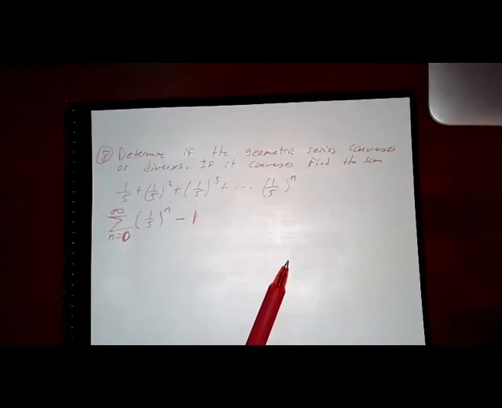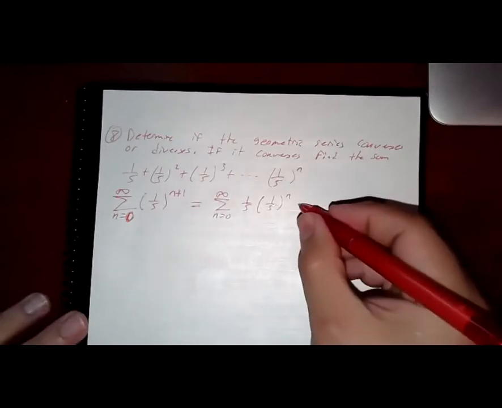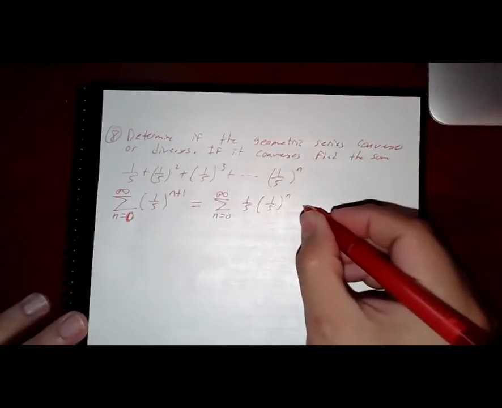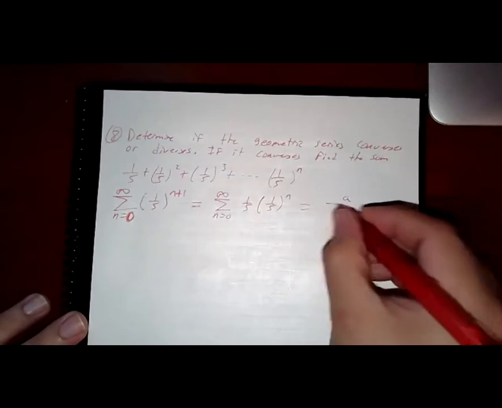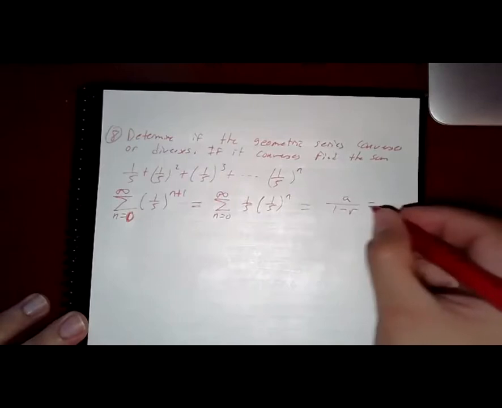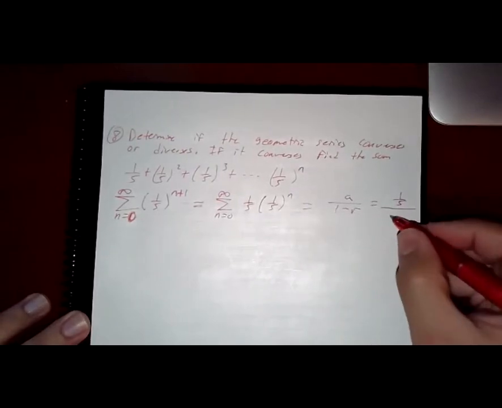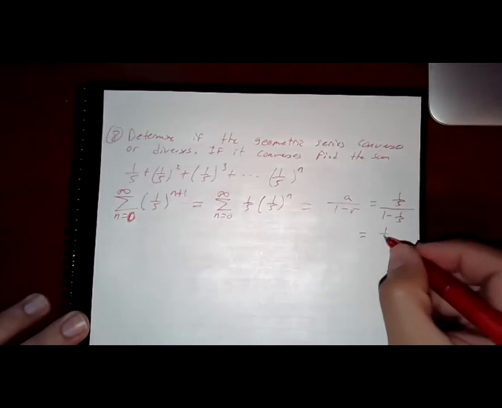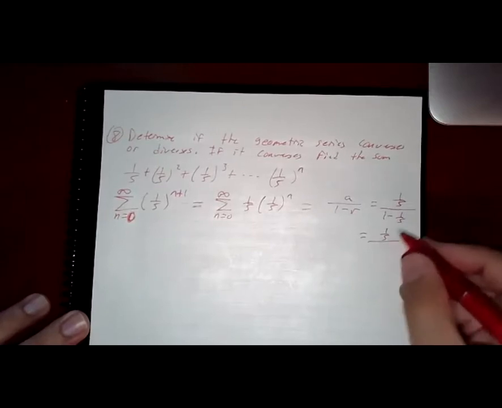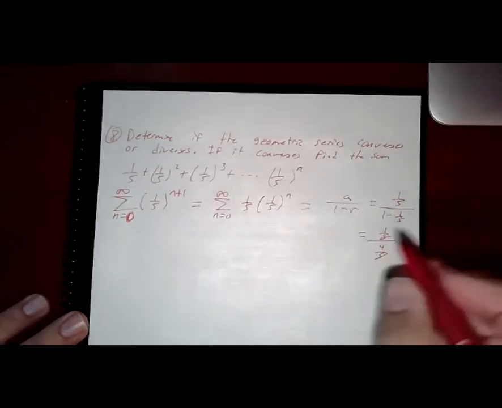Let me double check something. So the sum would be a over 1 minus r, which is 1/5 over 1 minus 1/5, which would be 1/4. So that's how they get the 4.